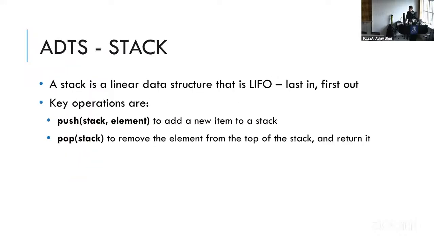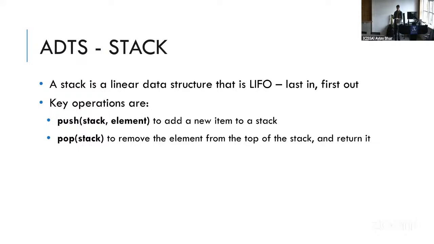Kind of building off linked lists and that sort of stuff, you've got a few other data types such as stacks and queues. For example, a stack is last in, first out, or LIFO, where essentially it just stacks on top. So for example, you have a bunch of cards, you add them on top, so the last in is the first out.